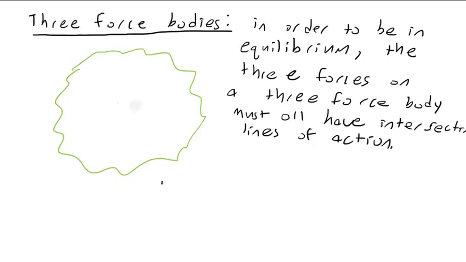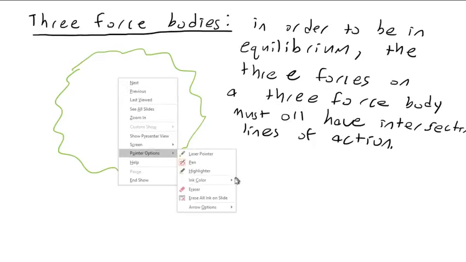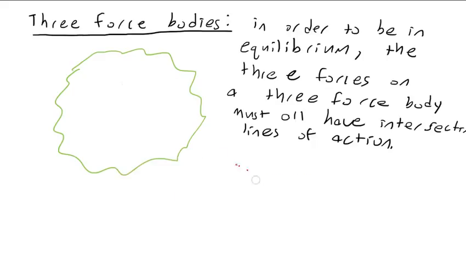Okay. So say I had three forces that didn't line up anywhere. Say this one's line of action goes here. This one's line of action goes like this.